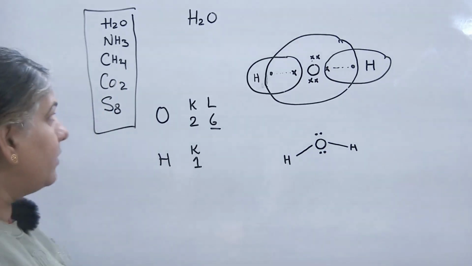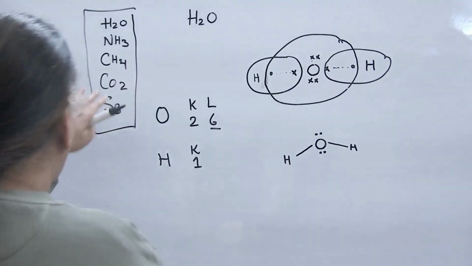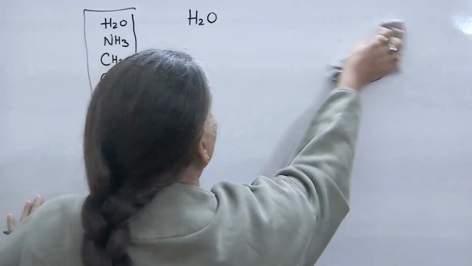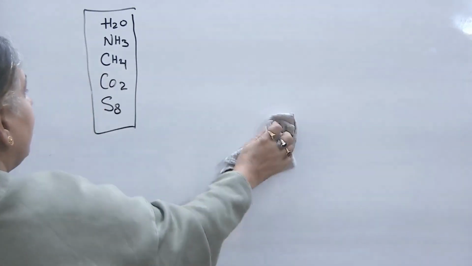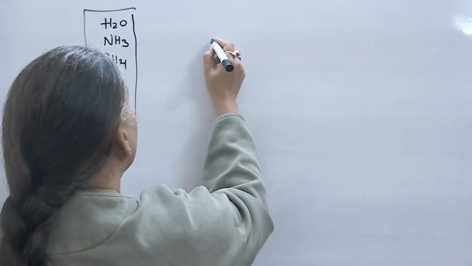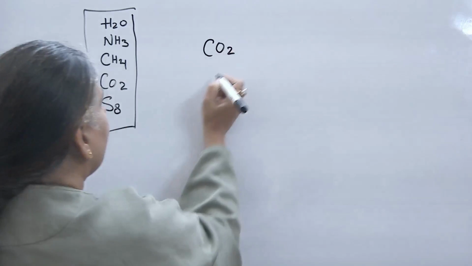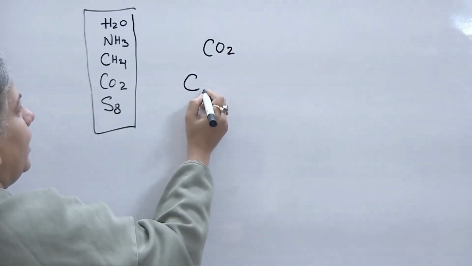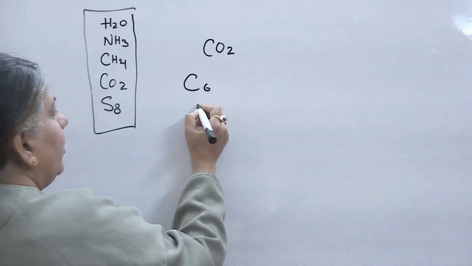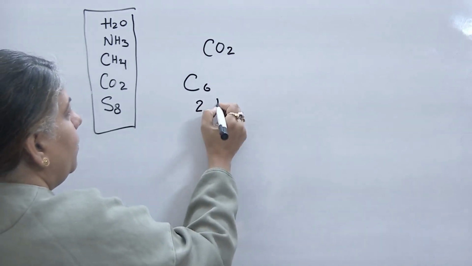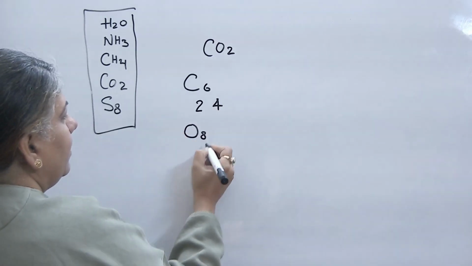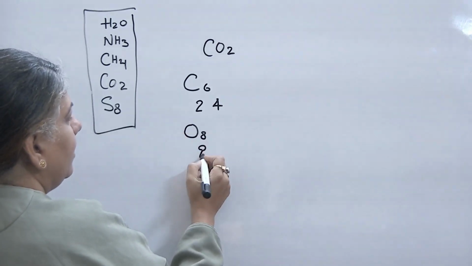Okay, next is carbon dioxide. Methane, I'll take it later. See, carbon, again its atomic number is 6, electronic configuration 2, 4, oxygen 8, electronic configuration 2, 6.